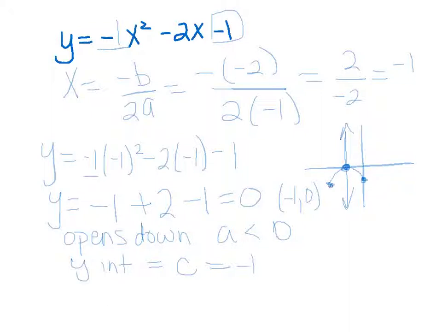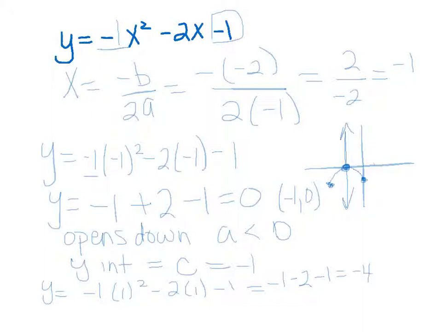Let's get one more point. So if x is positive 1, then we'll have y equals negative 1 times 1 squared minus 2 times 1 minus 1, which would be negative 1 minus 2 minus 1 equals negative 4.